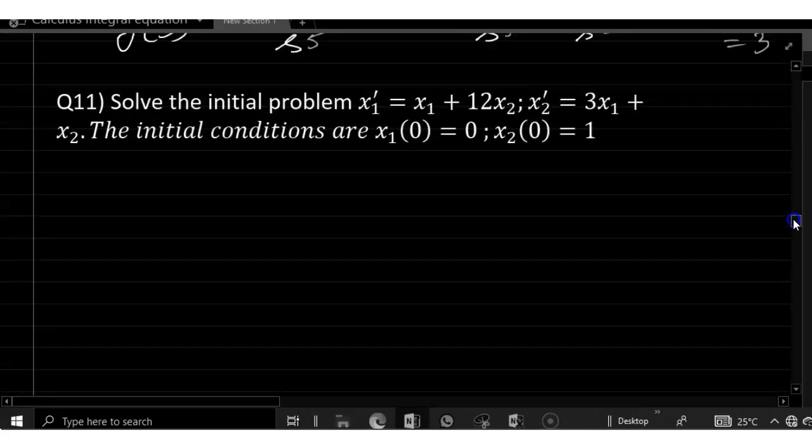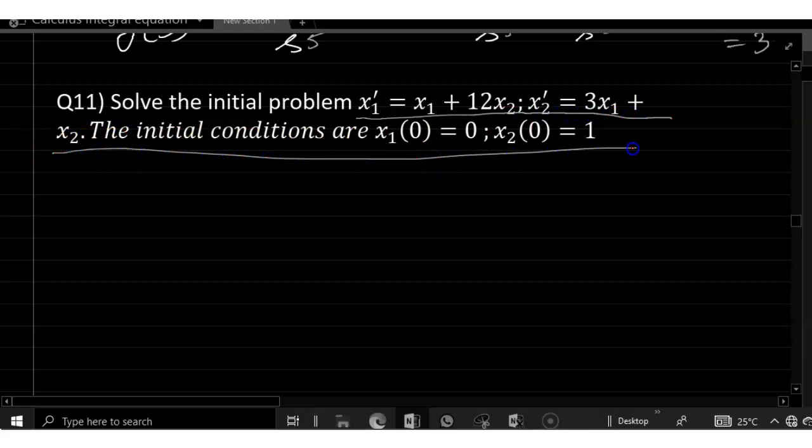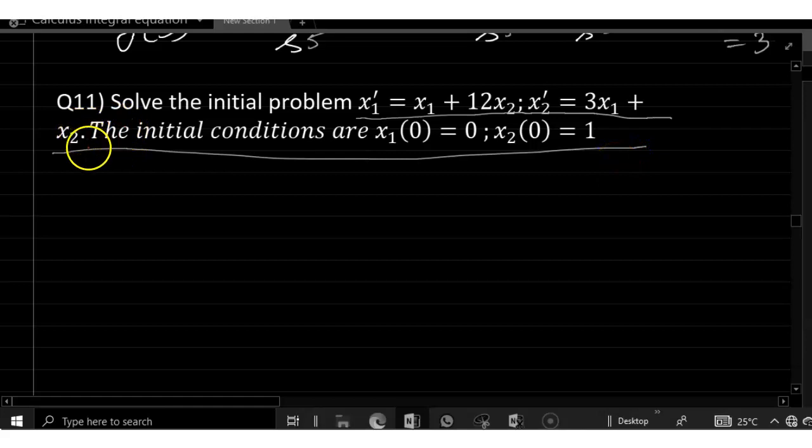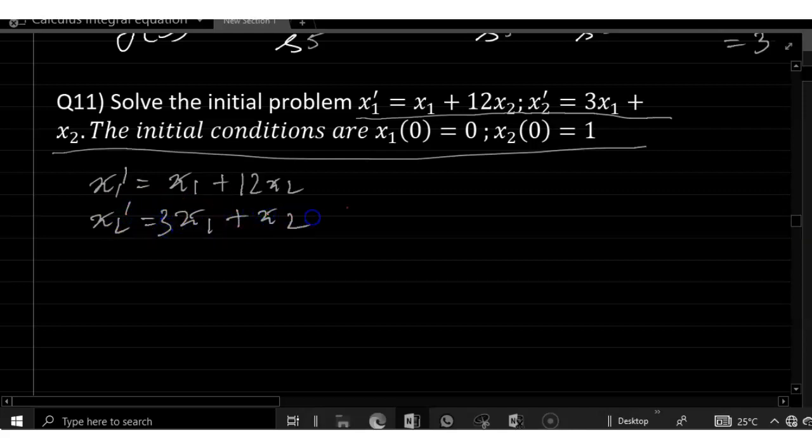Now next is solve the initial problem. x1 dash equals x1 plus 12 x2, x2 dash equals 3x1 plus x2, with the initial condition x1(0) = 0, x2(0) = 1. So I write at first the equation x1 dash equals x1 plus 12 x2, okay, x2 dash equals 3x1 plus x2.